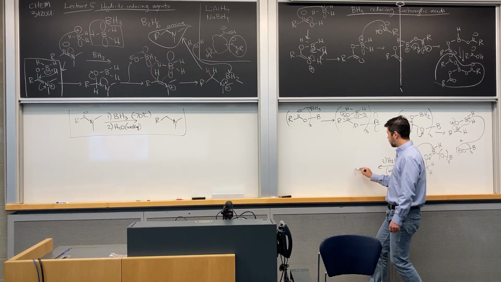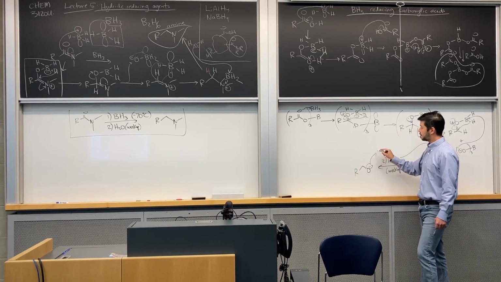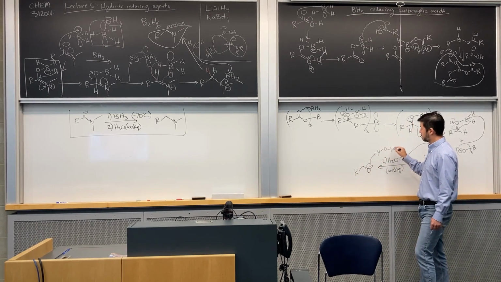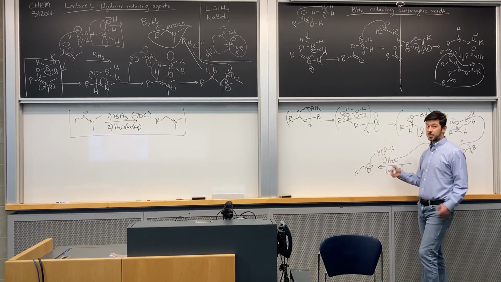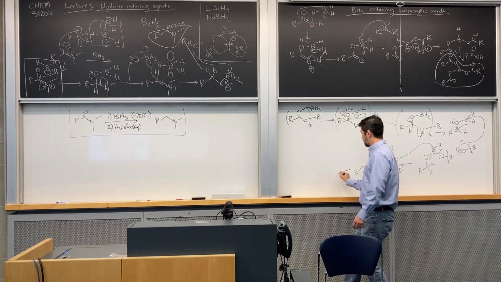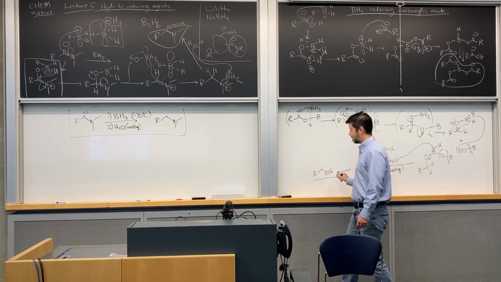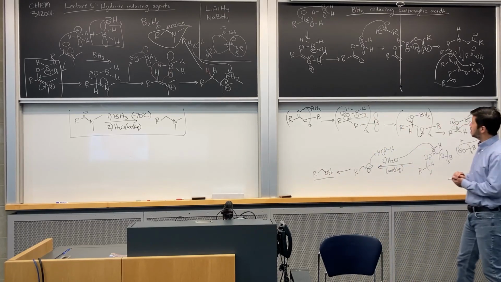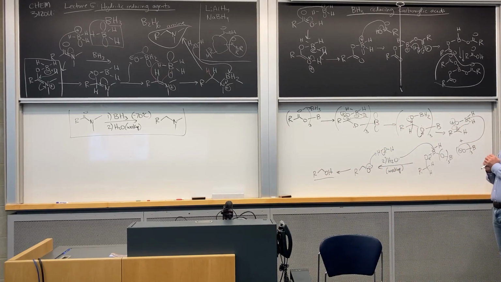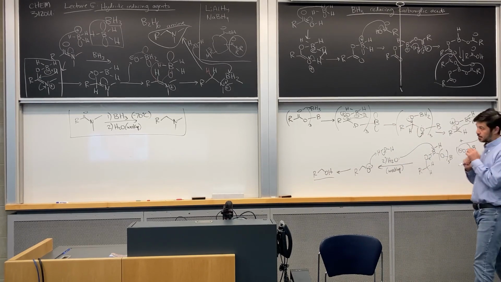So that will leave you with this alkoxide, which can then pick up a proton from water, since now we've added water, and your final product is the alcohol. So a lot of different things happening mechanistically here.